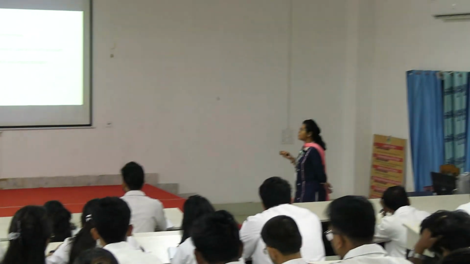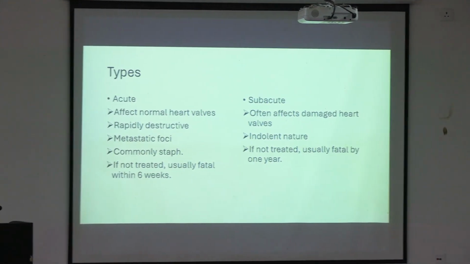Then in case of cytotoxic therapy for cancers like chemotherapy, radiotherapy, then in transplant patients, then deficient functions of neutrophils and macrophages, we can get this infective endocarditis. Okay, clear about the etiologies? Okay, so coming to the types.